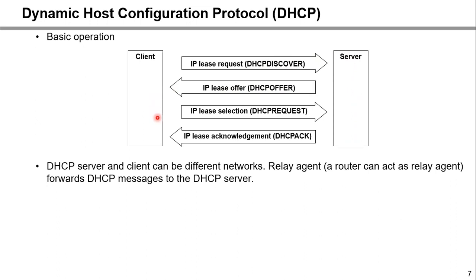Then the client sends a DHCP request, selecting some parameters. Then the server has to acknowledge that request, whether the server is okay with it or not. So this is the simple message transfer between the client and server in case of DHCP.